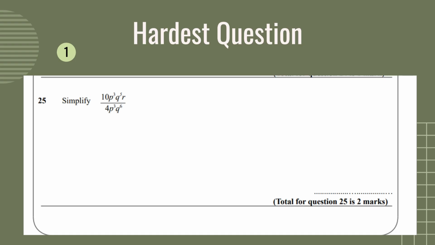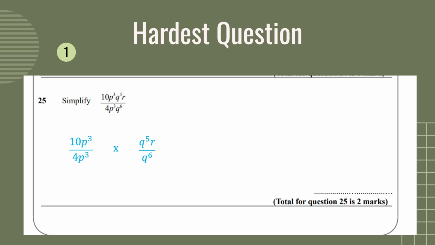First, we will separate the fraction into 2 separate bits to make our lives easier. Here we can separate 10p cubed divided by 4p cubed and q to the power of 5 r by q to the power of 6.